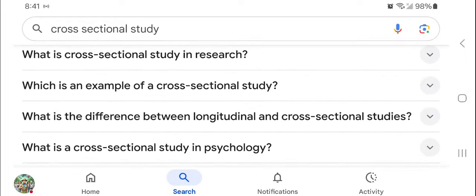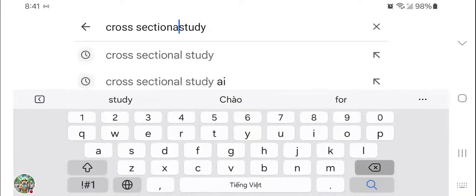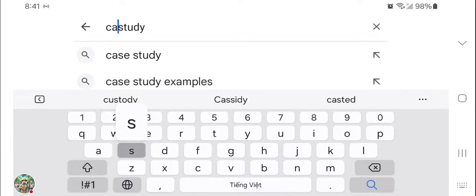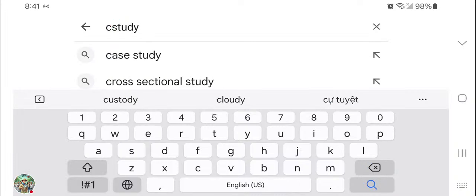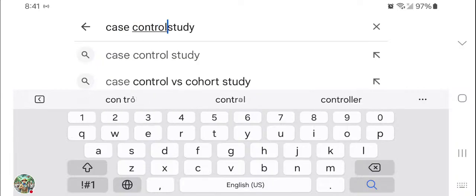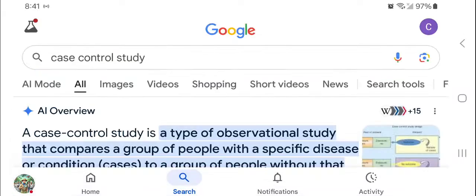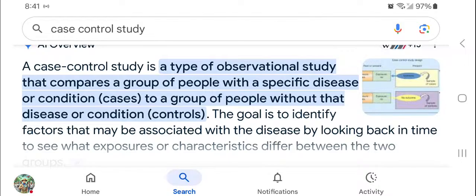So now we talk about case control study. A case control study is a type of observational study. Not only just observational, this is retrospective as well.